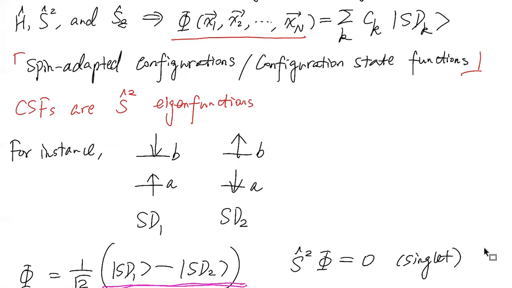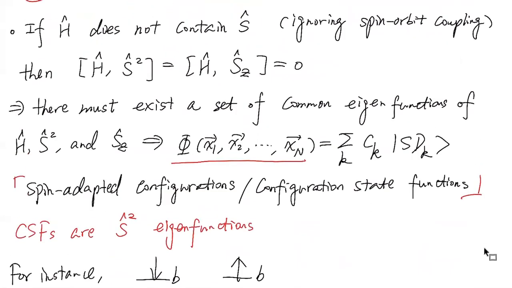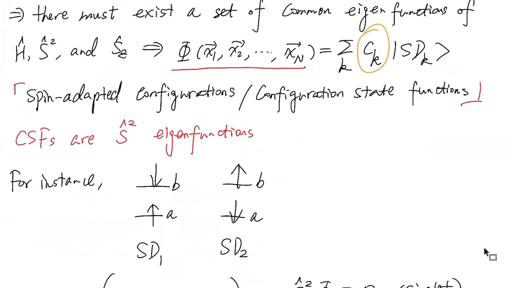That's the interpretation of the configuration state function. And of course, if you have n electrons and this kind of intermediate spin state, how do you construct this linear combination? You need the coefficients c_k, and c_k is completely determined by the angular momentum coupling method.